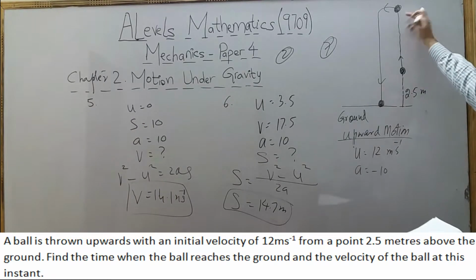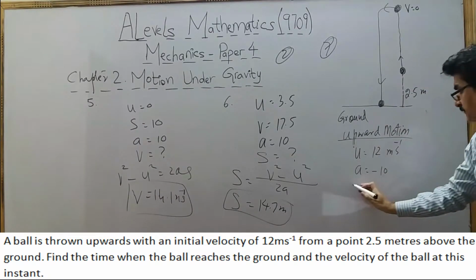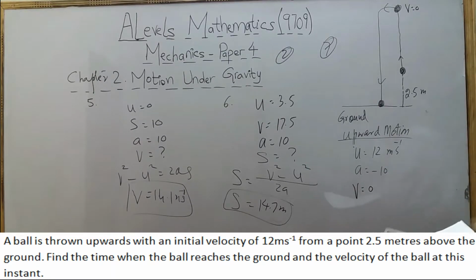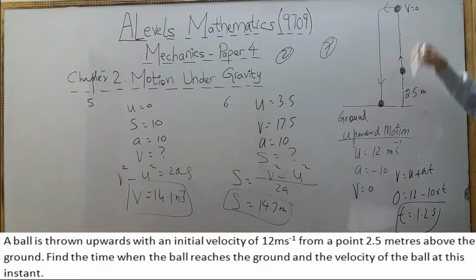And this is the highest point. Here v is 0. So from this data we can find the time only from here to here for upward motion. Applying the equation of motion, very simple, v is equal to u plus at. Now v is 0, u is 12, a is minus 10 into t. From here you will get t is equal to 1.2 seconds. This is not our final answer. This is the time from this point to this point.